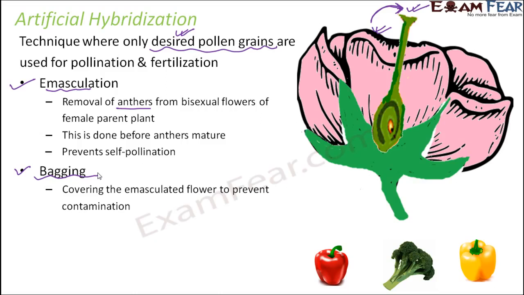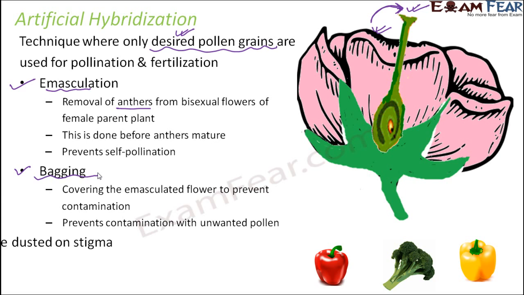We want the fusion to take place with the pollen grains which we want, with the desired pollen grains. So in order to prevent any sort of interaction with some other pollen grains, we cover this emasculated flower with a bag, and this prevents contamination with unwanted pollen. That is why this is called the bagging technique. Now the female part is well protected.